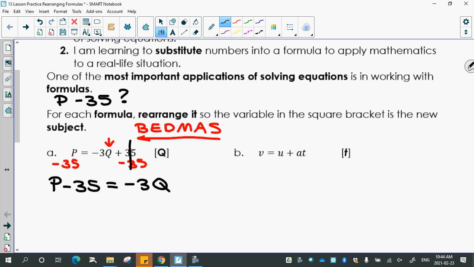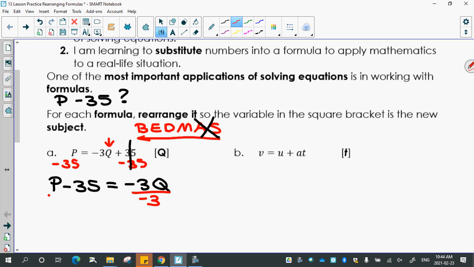And we're trying to get Q by itself. We want Q to be the new subject. So I'm still looking at the side with Q. I undid the adding. Is there any multiplying or dividing happening to the side of Q? Multiplying by negative 3. So the opposite operation is divide by negative 3.